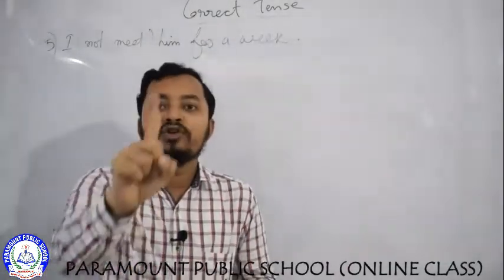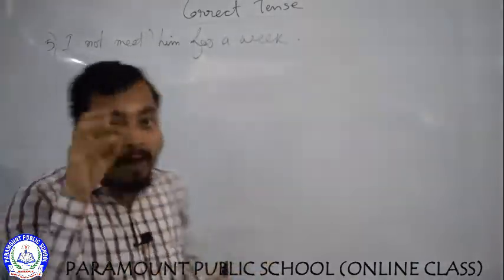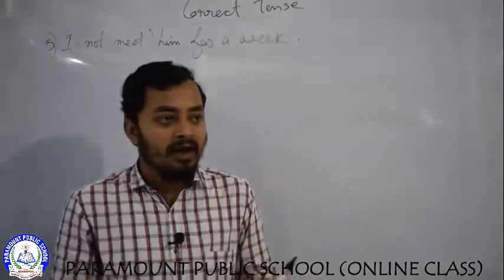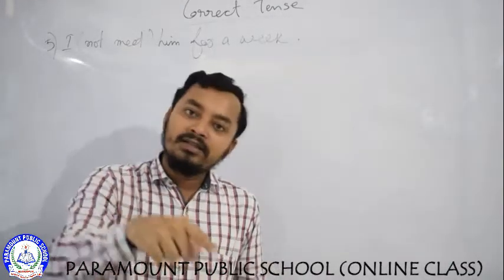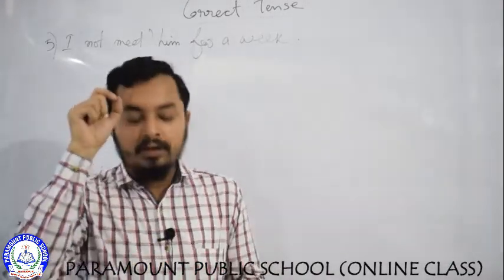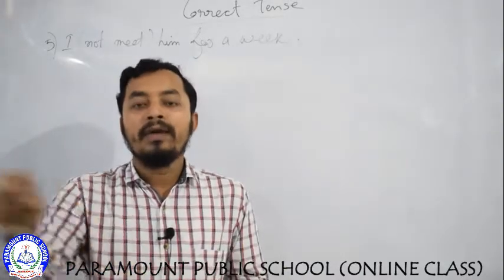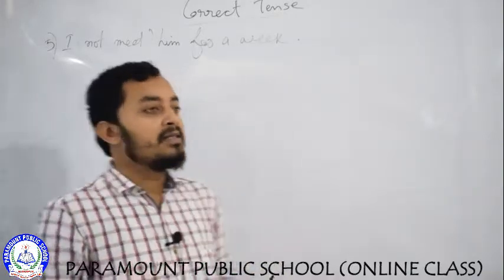First condition is the sentence should be a positive one. Second condition is the verb we are asked to correct should be a continuous verb. If the verb is non-continuous, the form of the verb will be present perfect tense, not present perfect continuous tense.